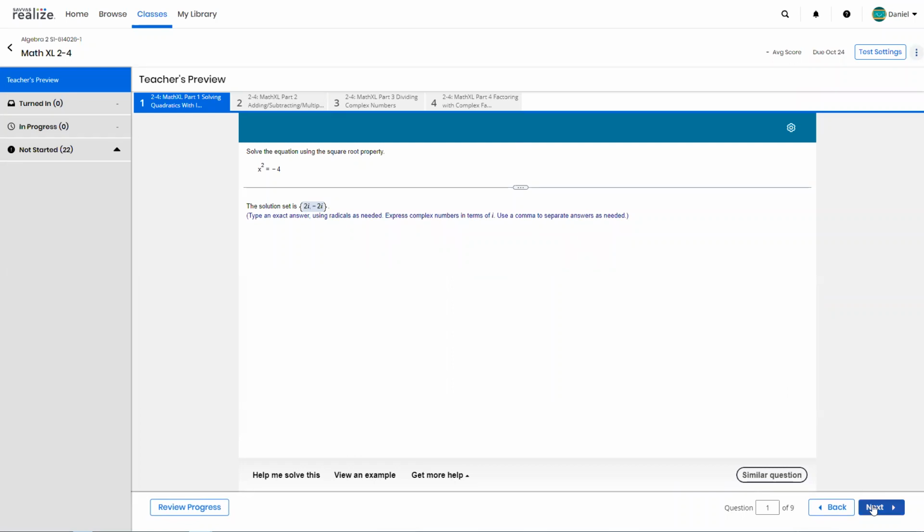All right, let's look at a couple more examples. Let's look at this one. I have x squared equals -100. If I take the square root of both sides, I'm going to get x equals plus or minus, and I'm going to split the square root of -100 up into square root of -1 times square root of 100.